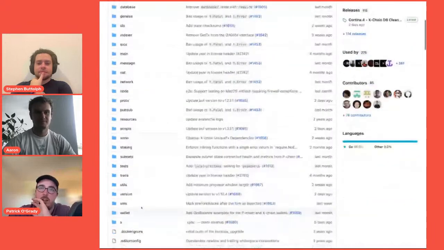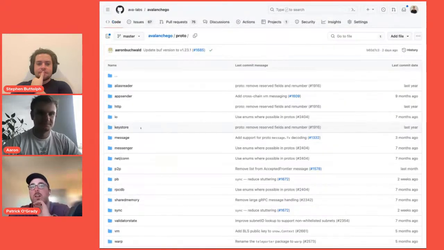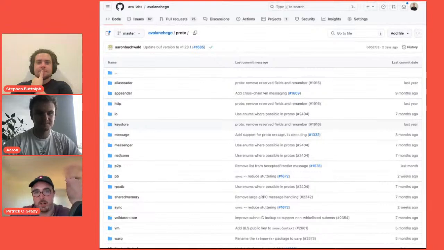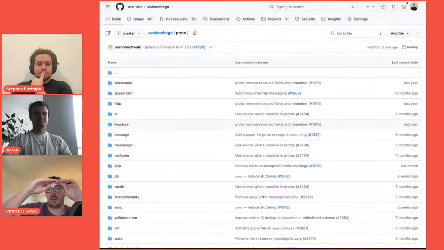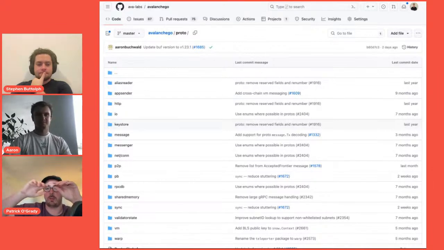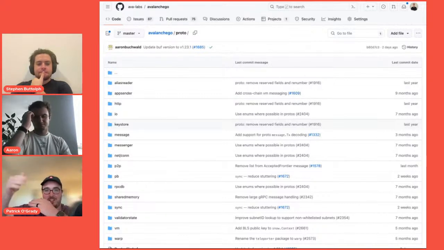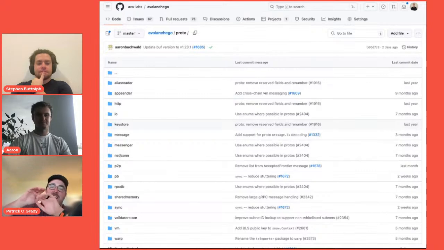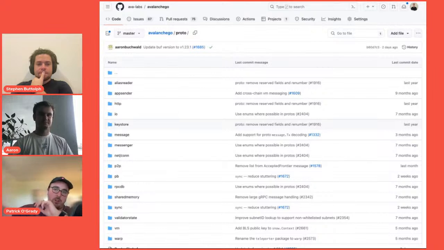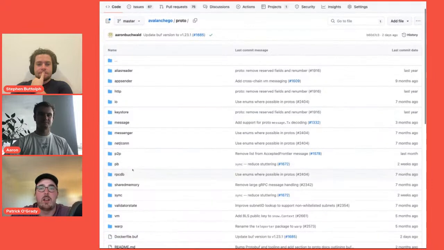So in AvalancheGo, we have this proto directory that includes all the protos used by AvalancheGo to communicate both on the network layer with different peers that don't require deterministically encoded data, and to communicate with custom virtual machines. So AvalancheGo will orchestrate some binary, in this case let's say it's some HyperSDK-based virtual machine, and then communicate with it over a series of gRPC servers. All of those are defined in this package.